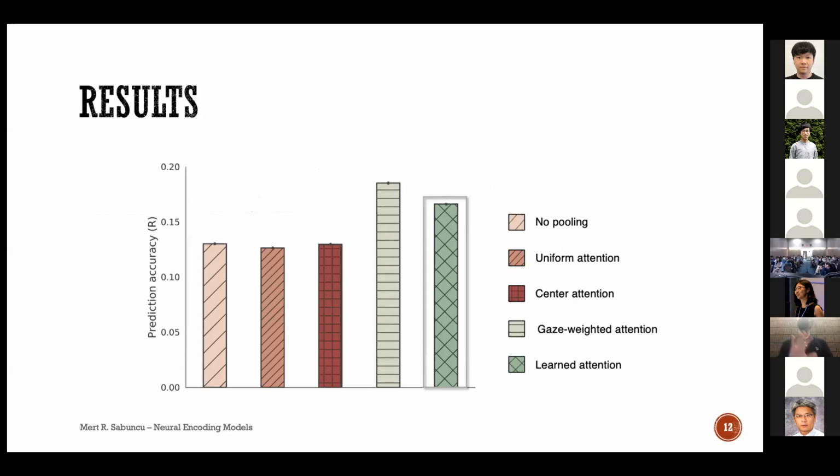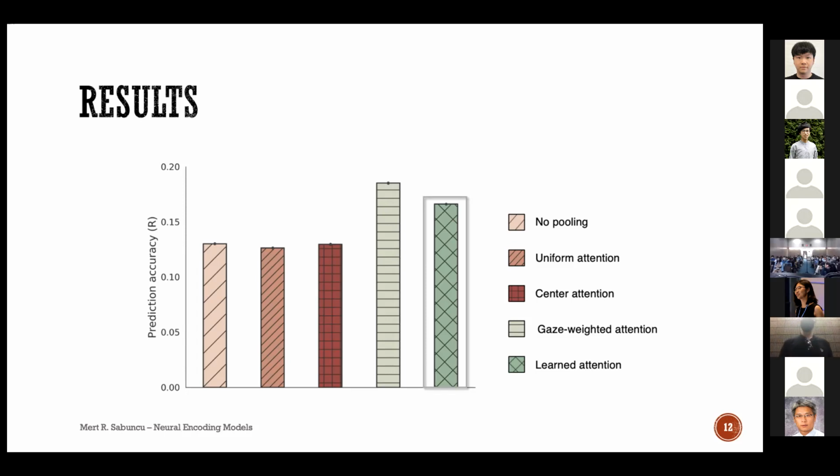And this is just a very quick summary of some results. So you can quantify the accuracy of a prediction by looking at the agreement between the predicted brain response and the measured brain response. There's different ways of looking at it, but a very common strategy is just to correlate using Pearson's correlation.